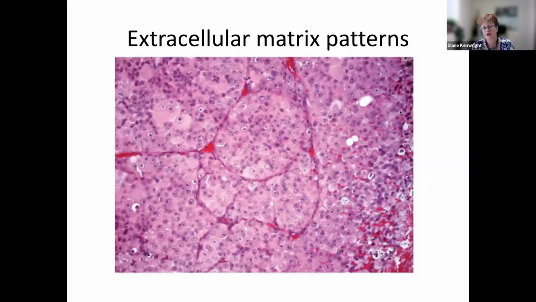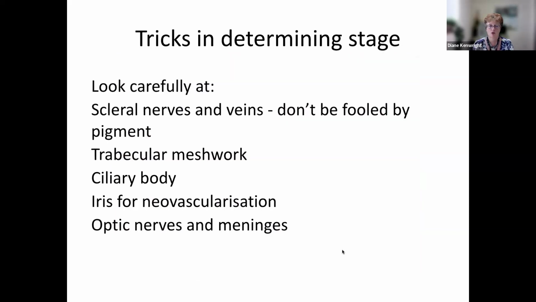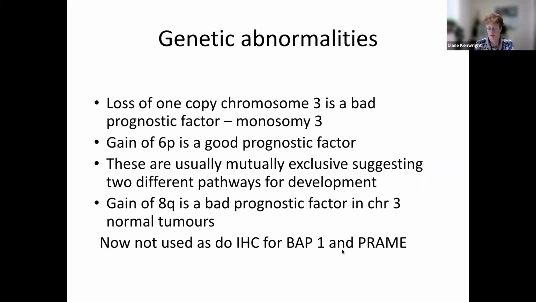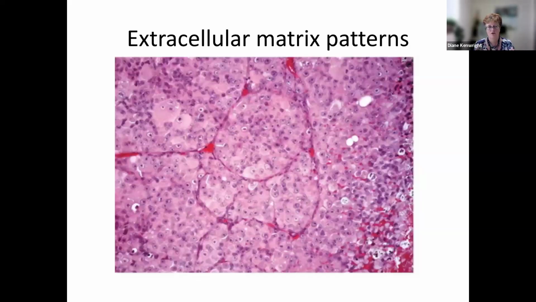But here, there's no loops. So, okay, I would say that extracellular matrix patterns are present. You just have to say present in the tumor. Or absent. Diane, can you just have one loop and that's enough? Technically you need 3 loops.